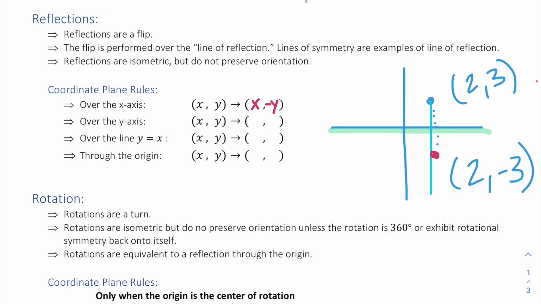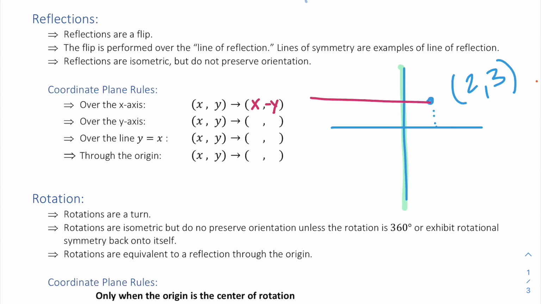Okay. So then over the y-axis, let's go back to our point 2, 3. Here's my y-axis, and here's the line of reflection. I'm still at a y value of 3, that's not changing.